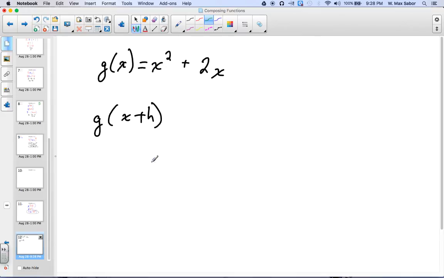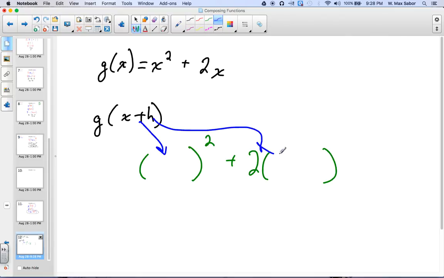So our original function is blank squared plus 2 times the blank. Now this x plus h is going in for each blank. So we have x plus h squared plus 2 times x plus h. So please make sure that you do that if you have the input showing up multiple times in the definition of your outer function. That's it. Thank you.